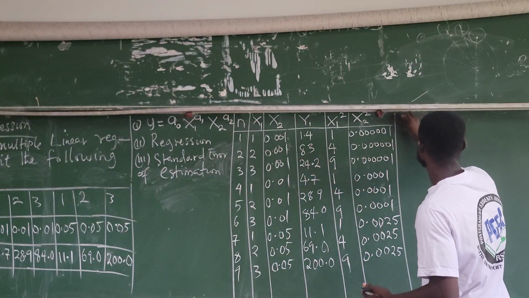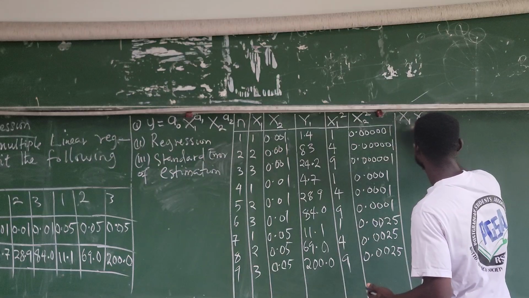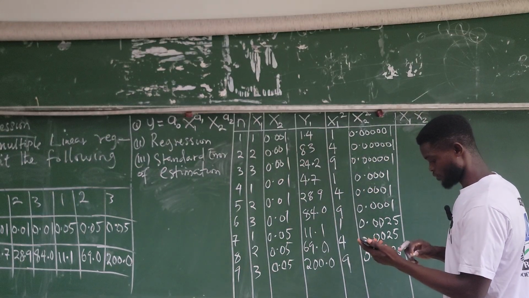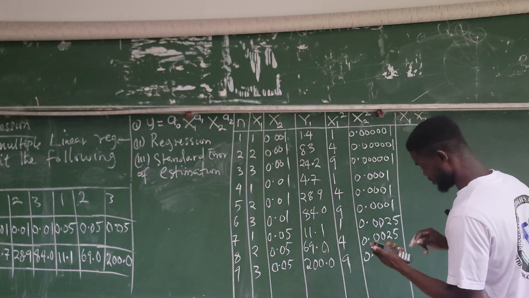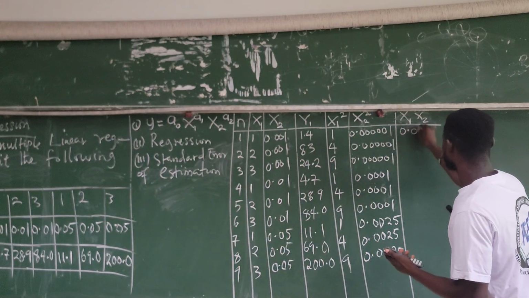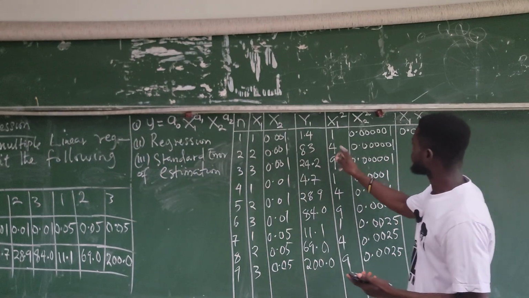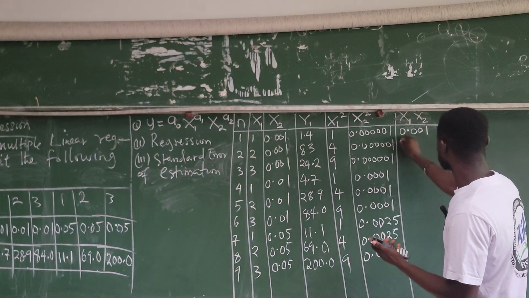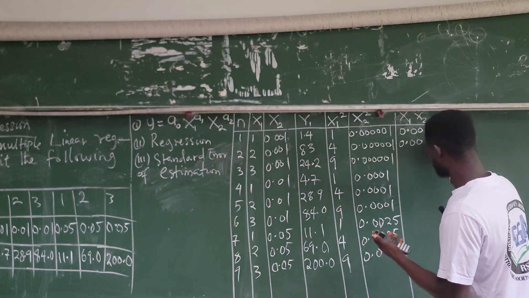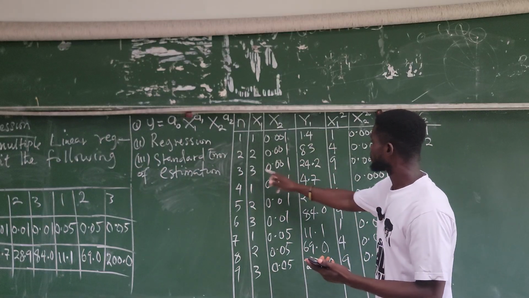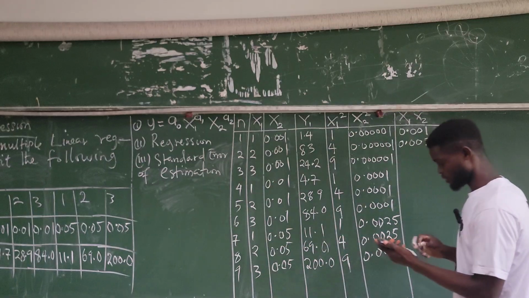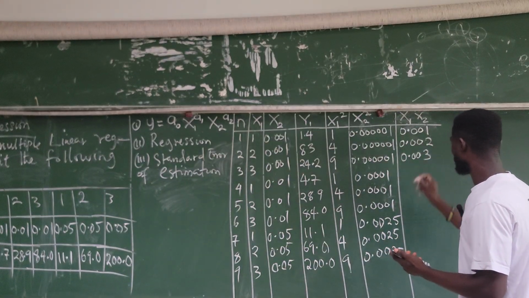We get 0.001. Then 2 times 0.001 will give us 0.002. Then 3 times 0.001 will give us 0.003.